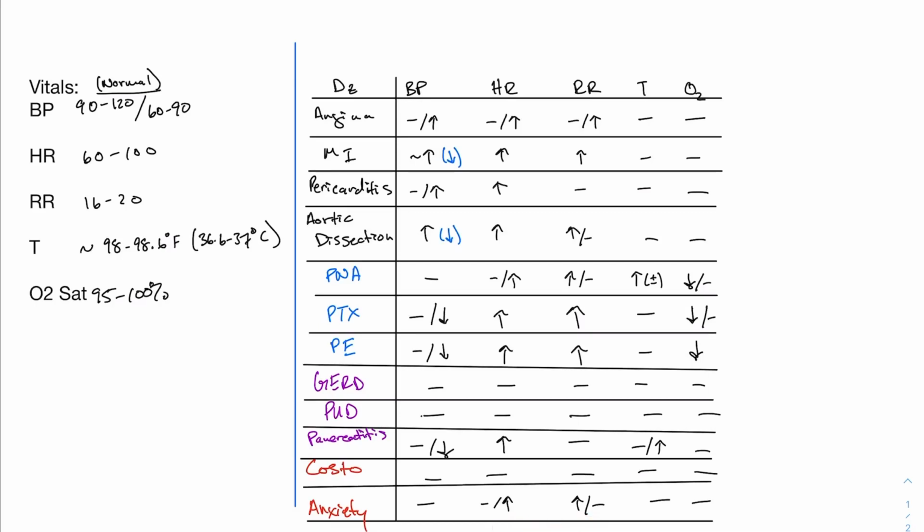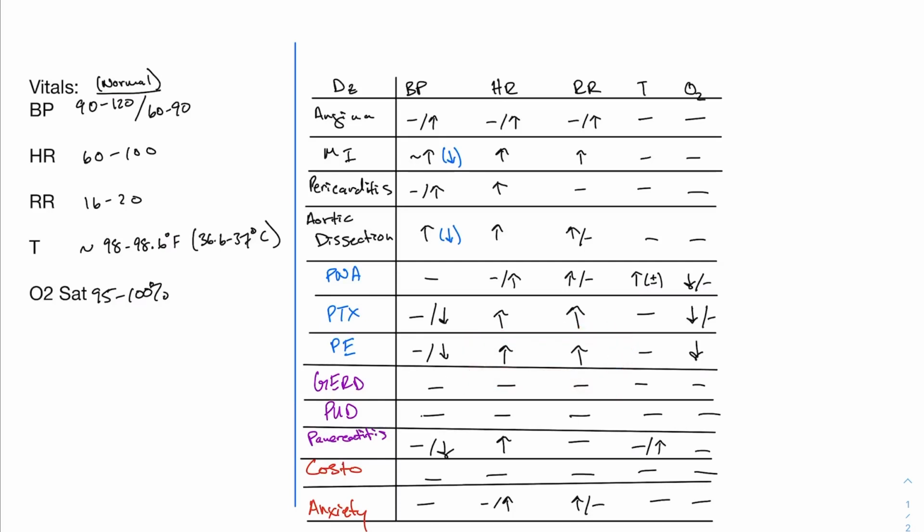And so, if a patient comes in with elevated heart rate and elevated respiratory rate, we can say, oh, shoot, are they having a pulmonary embolism? Because both of these are going to be elevated. They're having some chest pain, so you have to evaluate how certain you are that they're having a pulmonary embolism.